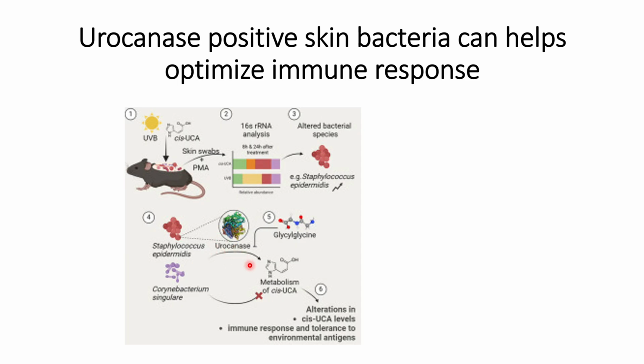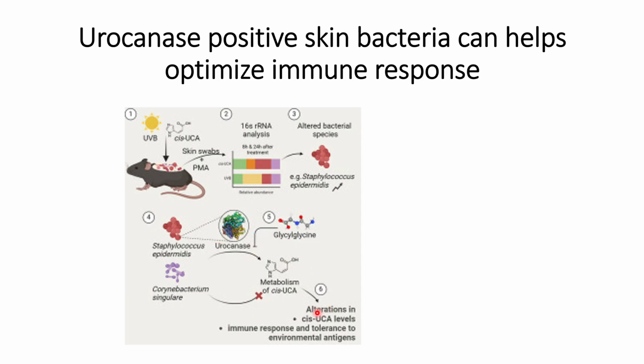So if someone can inhibit the metabolism to cis UCA formation, then this urocanase can be manipulated to control the immune response, and that in return can be utilized. This strategy finally can be utilized to avoid or prevent skin cancers in patients.